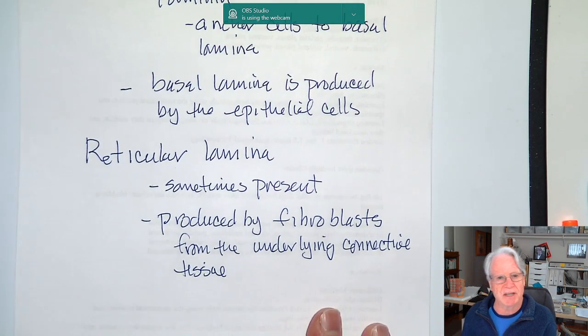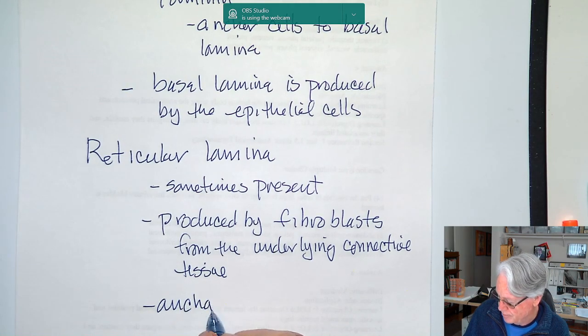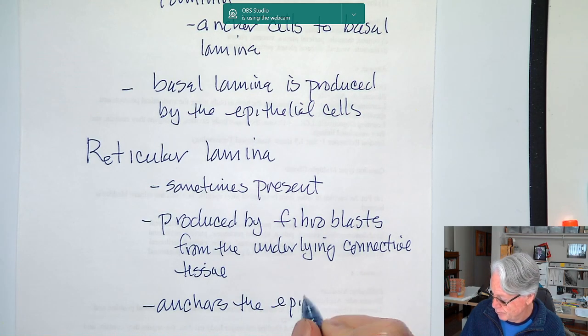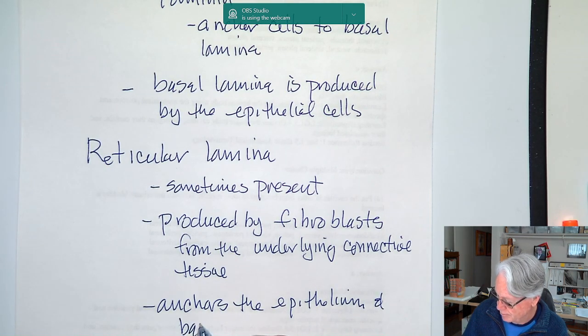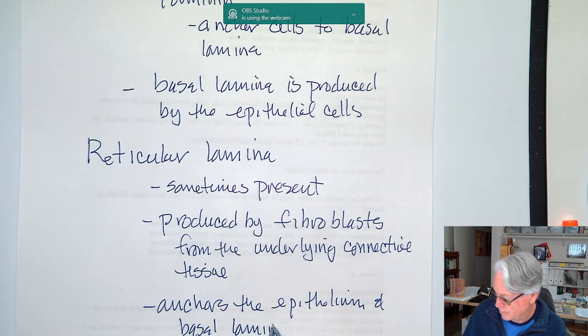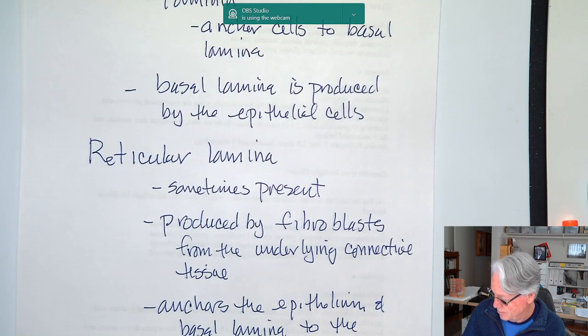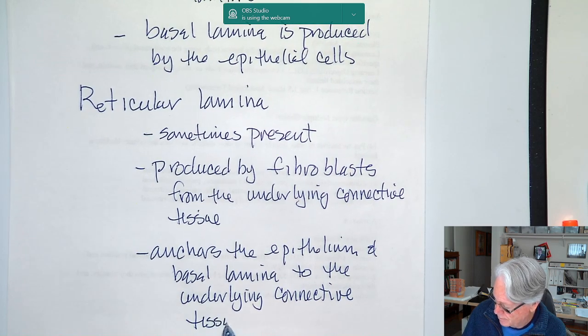It is not a product of the epithelial layers. And what this does is it anchors the epithelium and basal lamina to the underlying connective tissue. So it helps to glue the whole structure together to the connective tissue, which sits underneath the basement membrane. Okay.